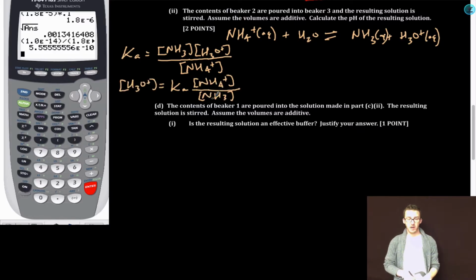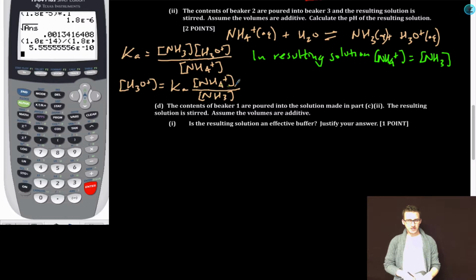We get, boom, hydronium ion concentration equals Ka times our weak acid, ammonium ion, over our weak base, ammonia. We know that we have equal concentrations of ammonium ion and ammonia. So let's be clear about that for our AP reader. In the resulting solution, the concentration of ammonium ion equals the concentration of ammonia.